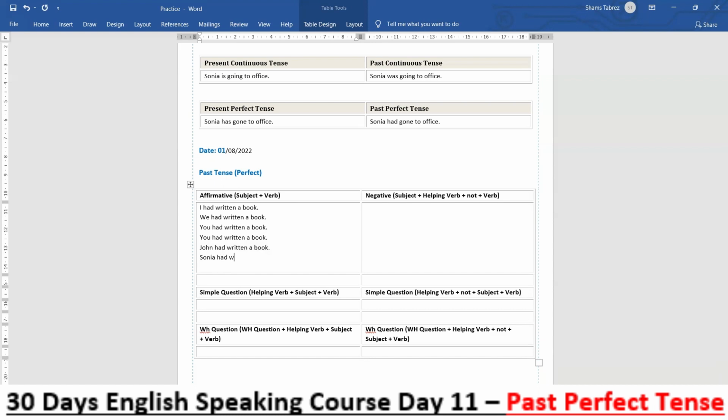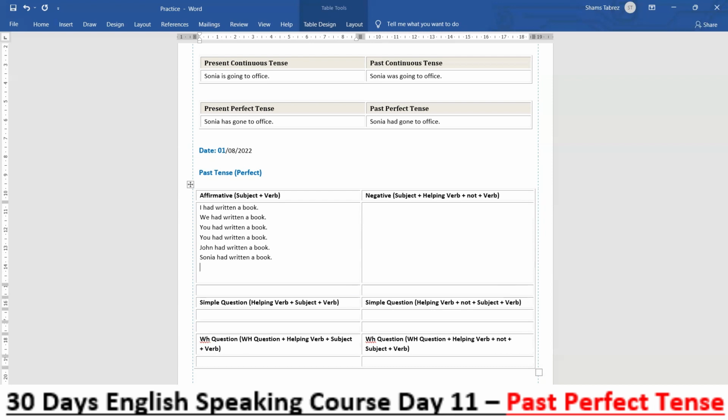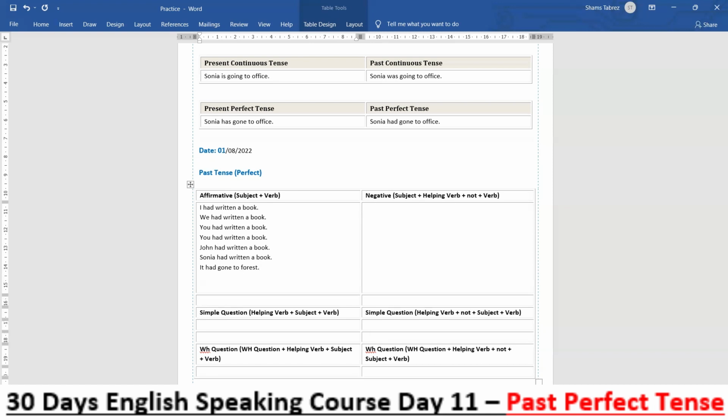If we talk about non-living things or animals, let's say, it had gone to the forest. Then third person plural: John and Sonia had written a book.